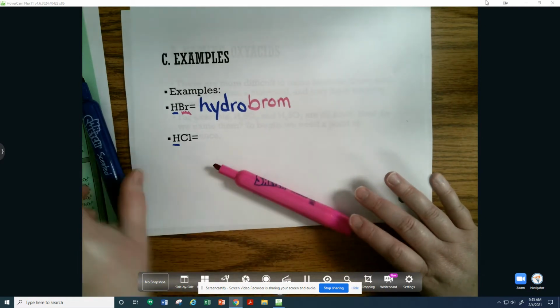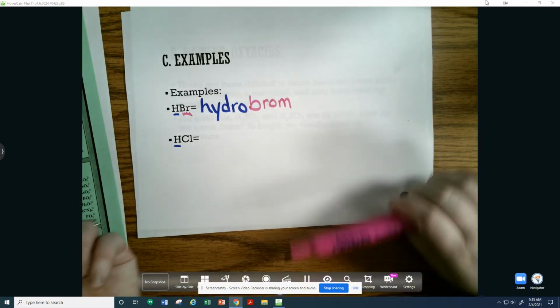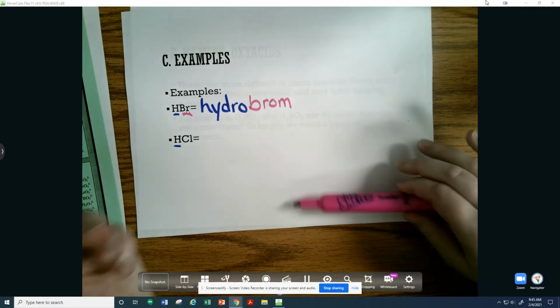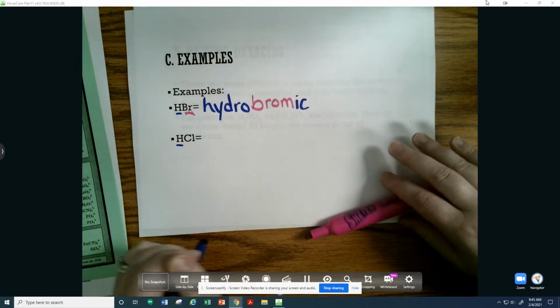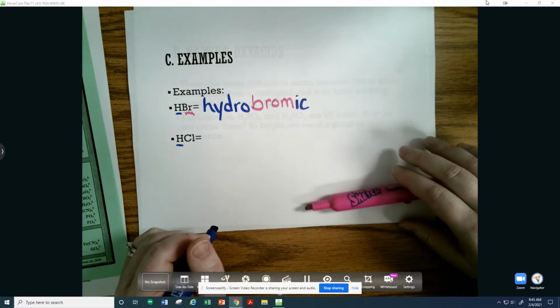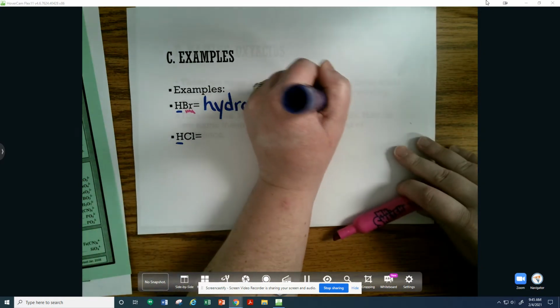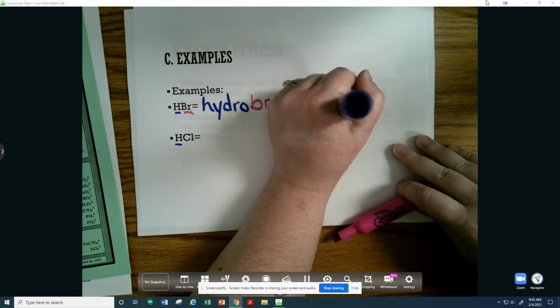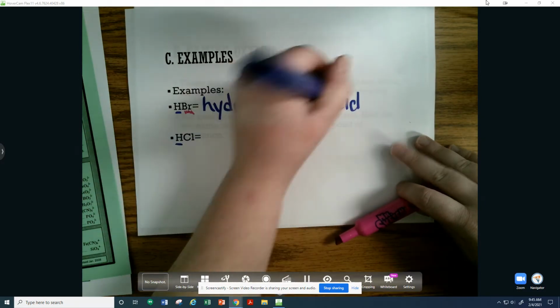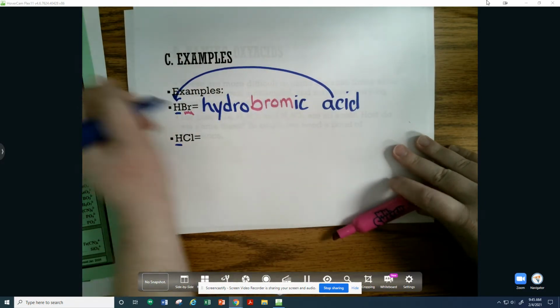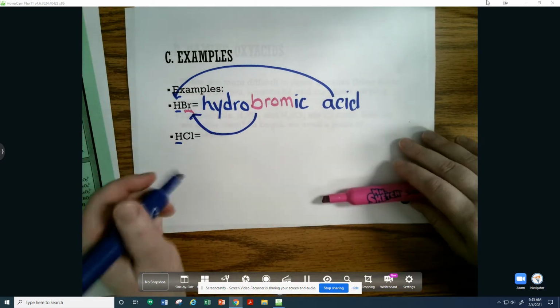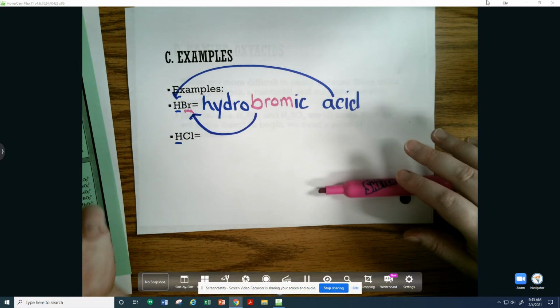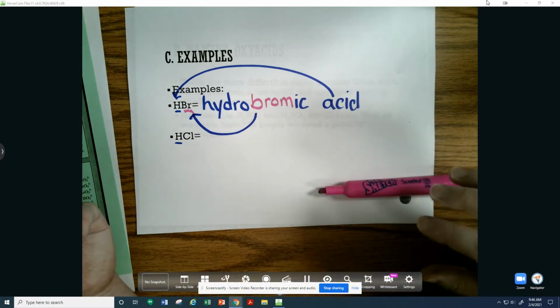And then our special ending to distinguish that we are now talking about an acid, we add ic as our suffix here, not ide. And then the second word is always acid. Again, the acid part corresponds to the hydrogen, and the hydrobromic corresponds to the Br, and it identifies that this is binary.